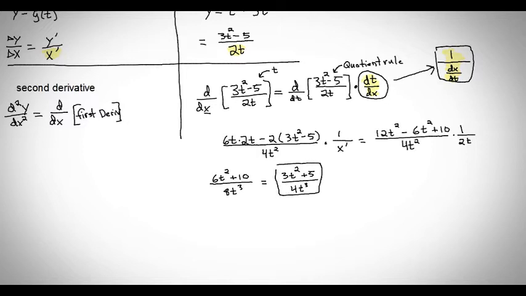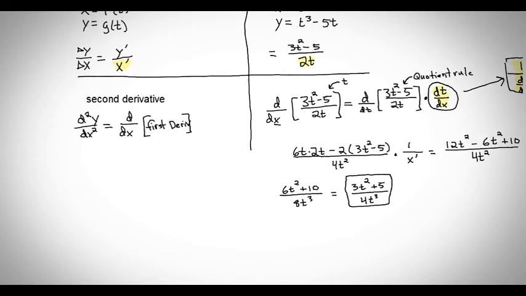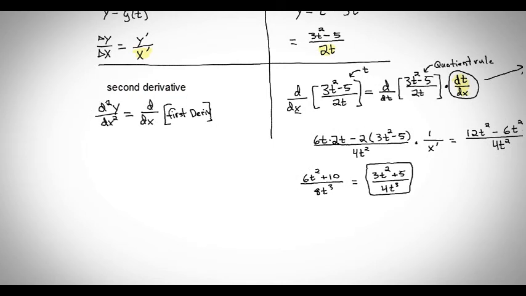Alright, so that's what it looks like in numbers. Now I want to translate that to just variables. So we're taking the derivative with respect to x of our first derivative, but remember the first derivative only had t's in it. And if it only has t's in it, our variables don't match, as you can see they did not match over here in the numerical example.